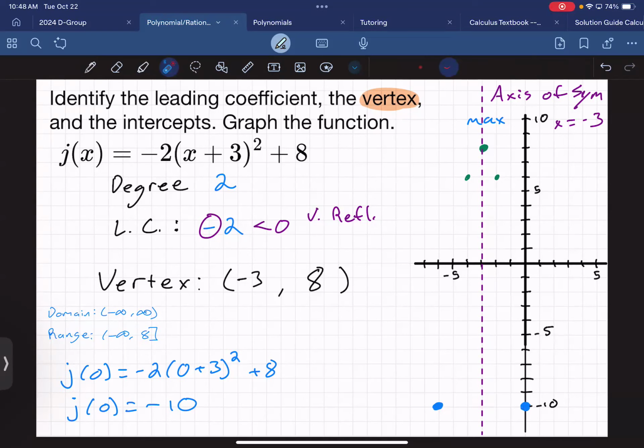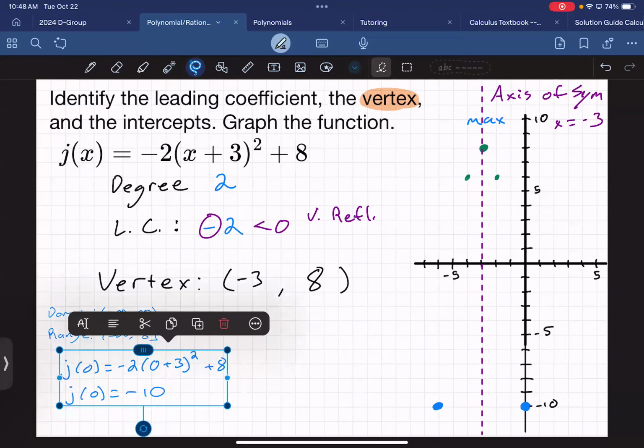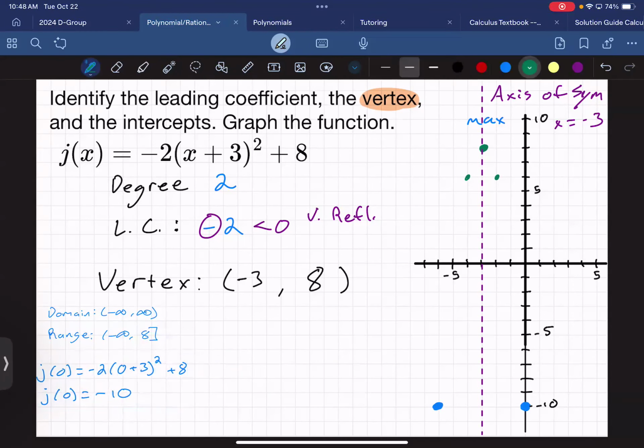Now the next thing we need to get, not the y-intercept, but the x-intercept. What is going to be the key to solving this one? What was it that we need to remember to do? We're setting it equal to 0, and then what should I do after that?